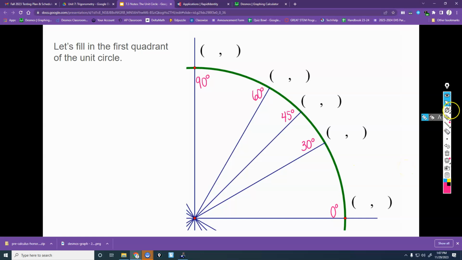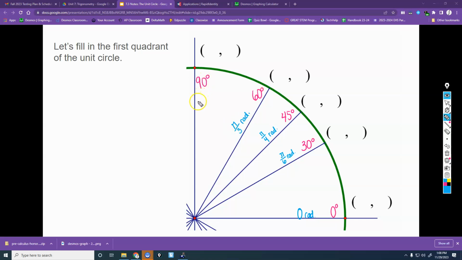So, good news about 0 degrees is that it is also 0 radians. 30 degrees is pi over 6 radians. 45 degrees is pi over 4 radians. 60 degrees is pi over 3 radians.